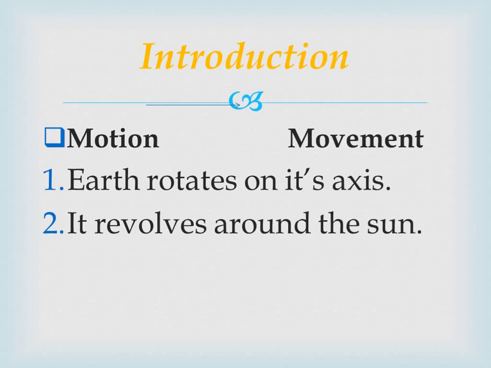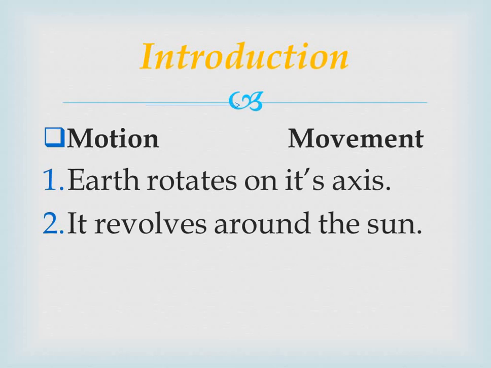First, earth rotates on its axis. The first movement of the earth is its rotation on its axis. Second, it revolves around the sun. This is the second movement of the earth, where the earth revolves around the sun in its orbit.